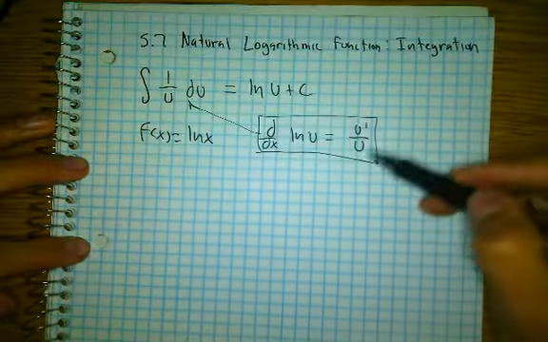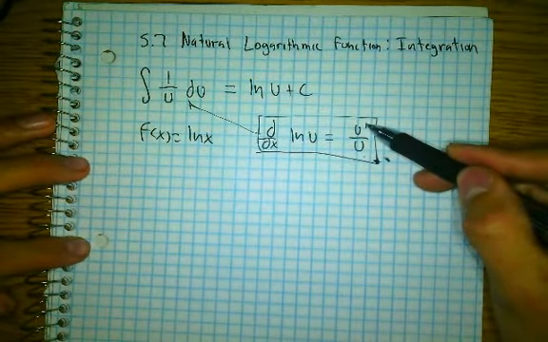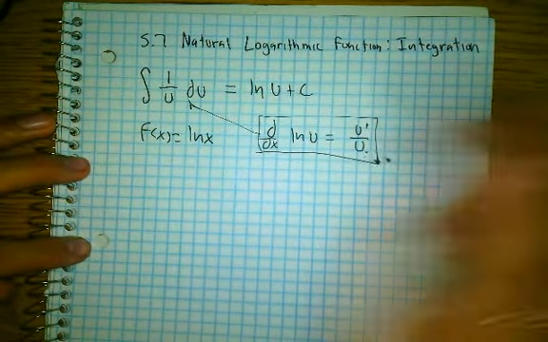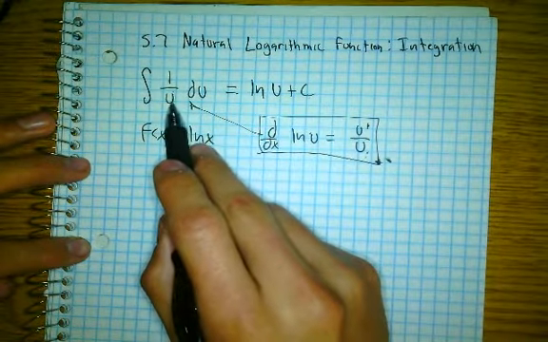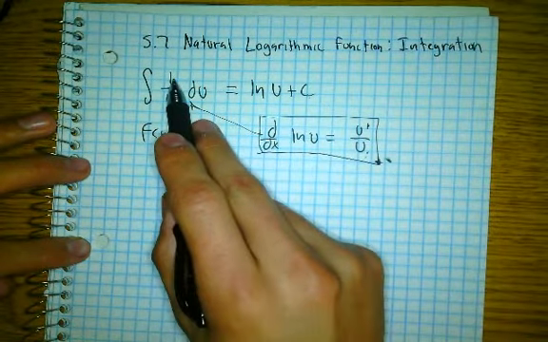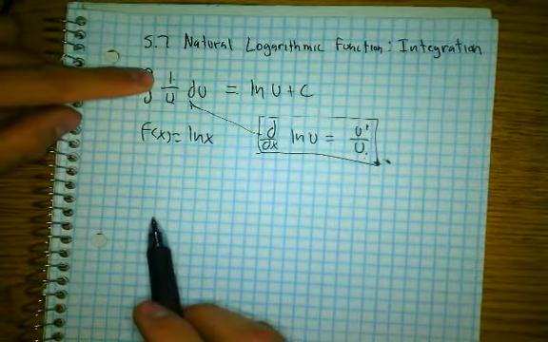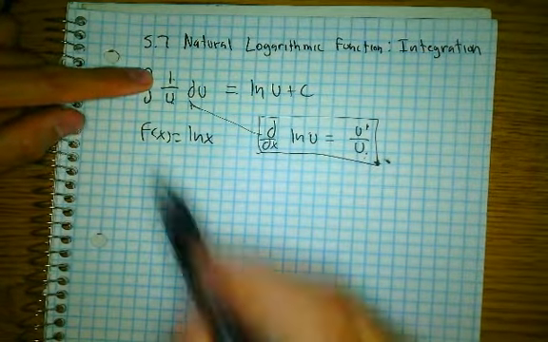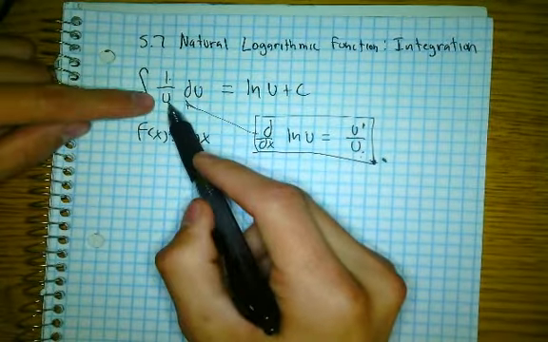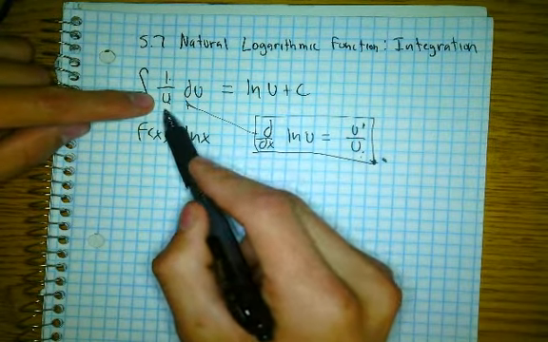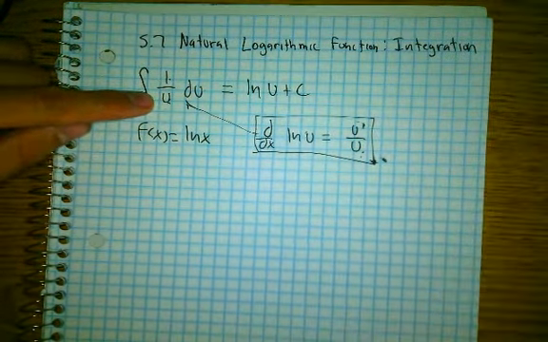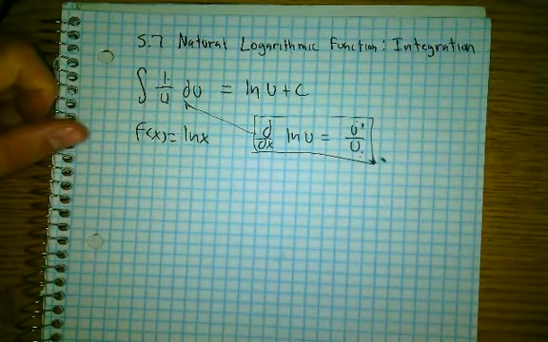I'm going to use this to help me out. Notice how the top is u prime, and this is u. What's the derivative of u? Yeah, it is 1. And do you see how it's up there? That lets me know that because this is the derivative of u, this is going to be the natural log of the denominator, according to this rule going backwards. Cool?